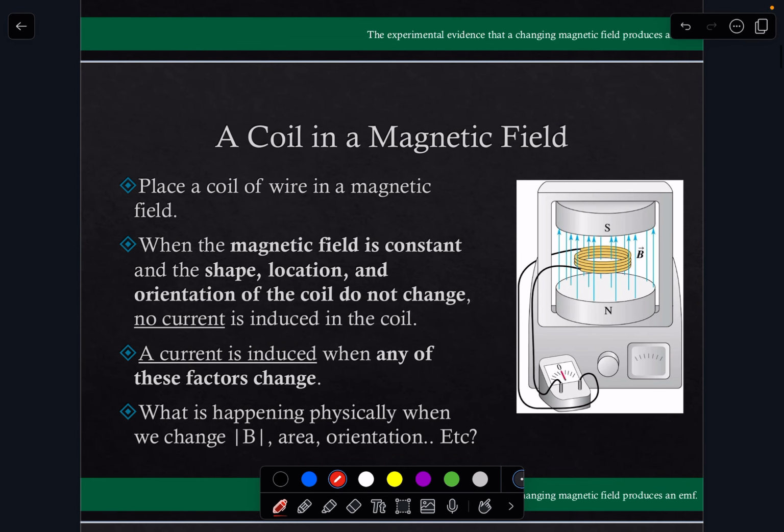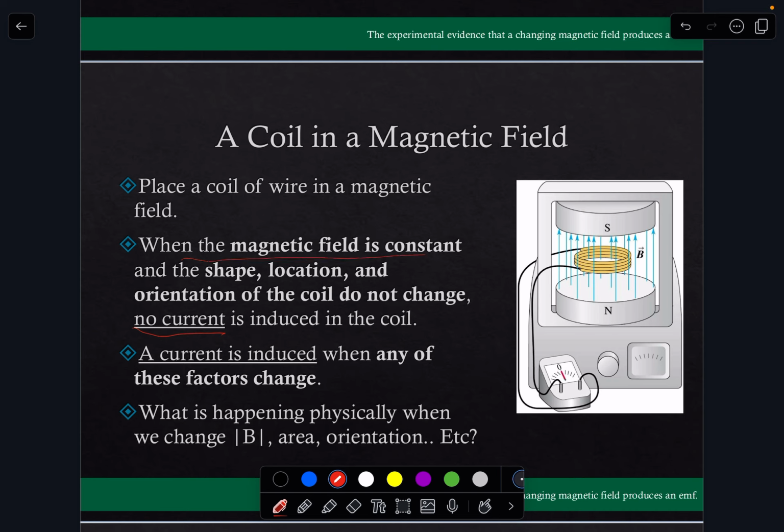So if we can summarize these observations, if you have a loop of wire and you put it in a magnetic field and you don't change any aspect of that loop, you don't change any aspect of that field, you are not going to get an induced current, okay? No current will flow.